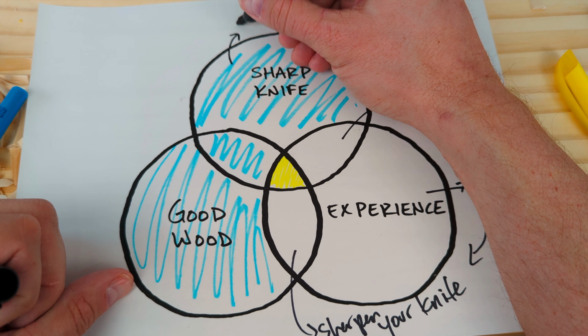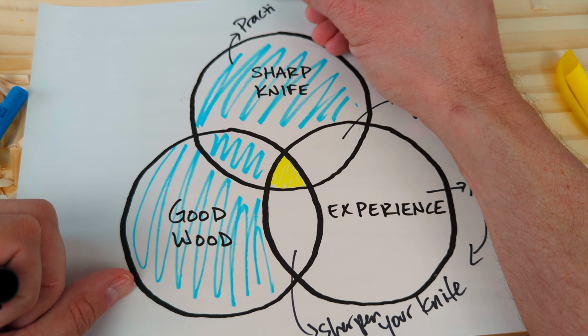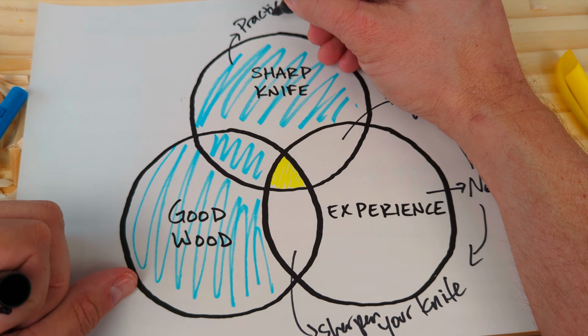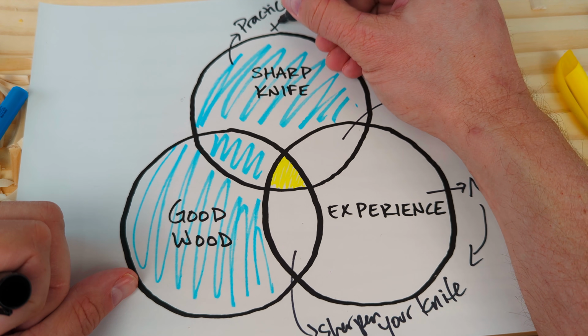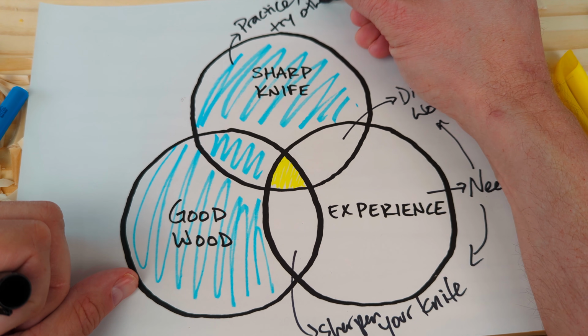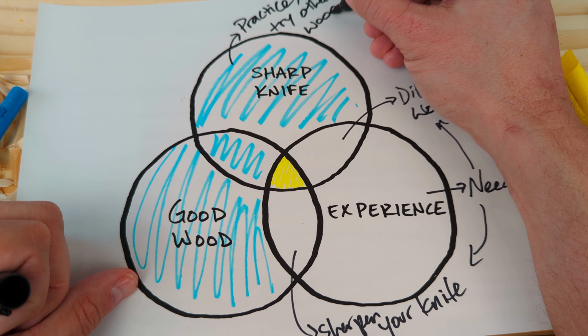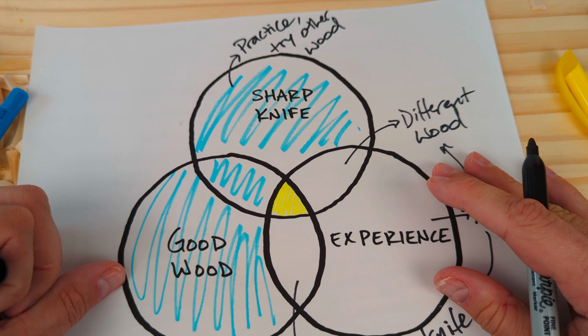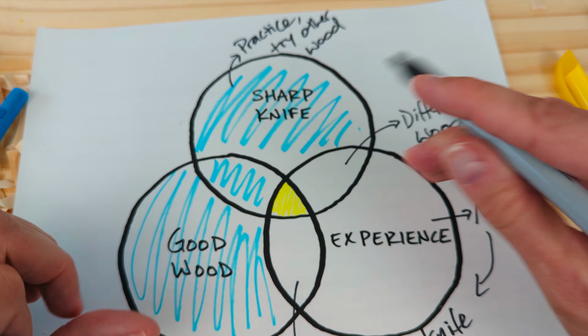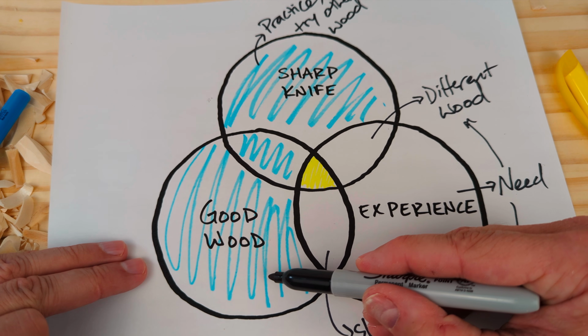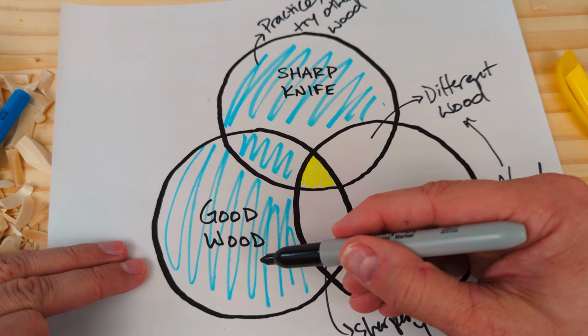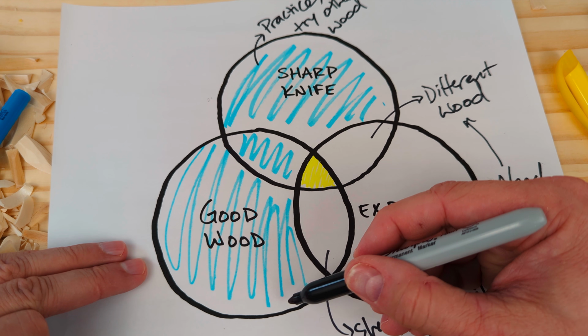Your solution is going to be, first of all, practice, right? And otherwise, it's going to be try other wood, if you can, or maybe try softening techniques. You might be in this category where you know you don't have a whole lot of experience yet, but you're positive you have good wood, or you're at least pretty confident about it.